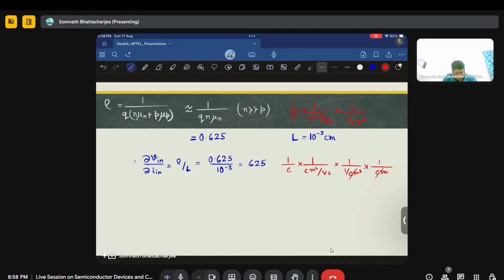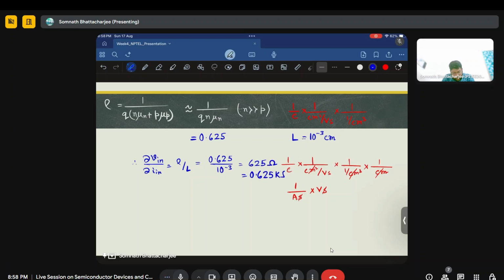So centimeter cube and centimeter square get cancelled out. And 1 coulomb is ampere second, so this is nothing but ampere second, and this is volt second. Second cancels out. So the value of this would be in ohms.